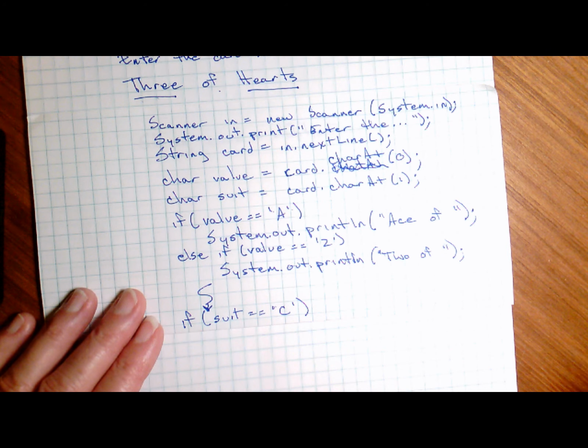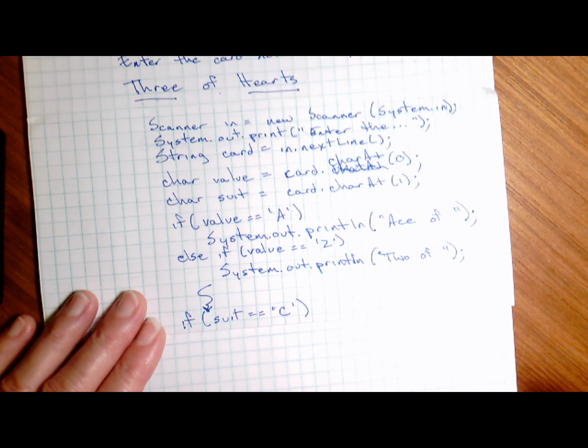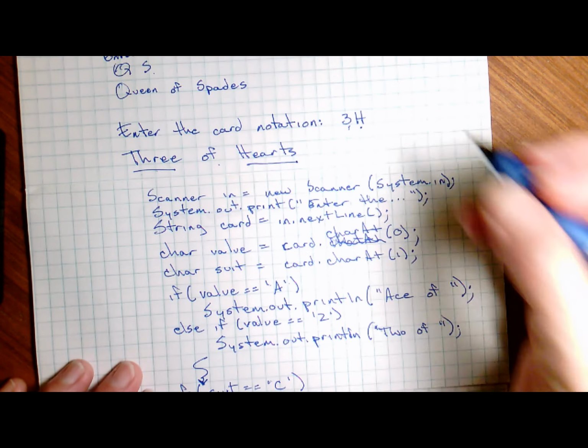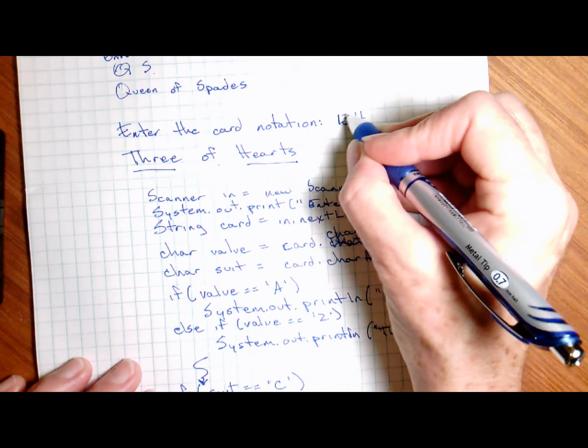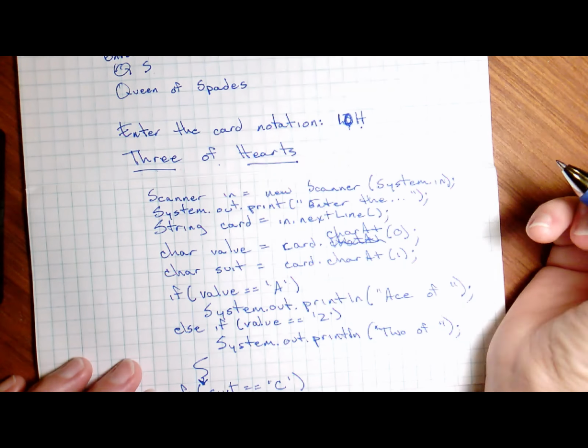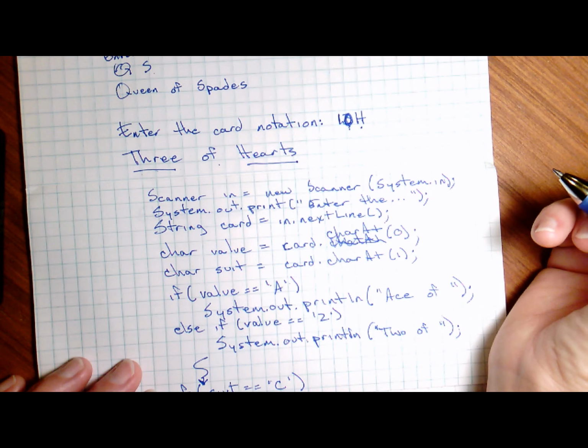I hope that this has helped you get started with this program. There is one problem that I didn't account for, and I'm going to leave that up to you to figure out how to solve. What if the user enters something like 10H instead of 3H? That would be the 10 of hearts.